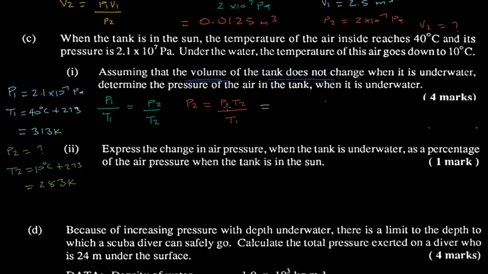So P1 is 2.1 times 10 to the 7 pascals, multiplied by T2, which is 283, divided by T1, which is 313 Kelvin. After doing the calculation, we're going to see that P2 is equal to... let me get the calculator.